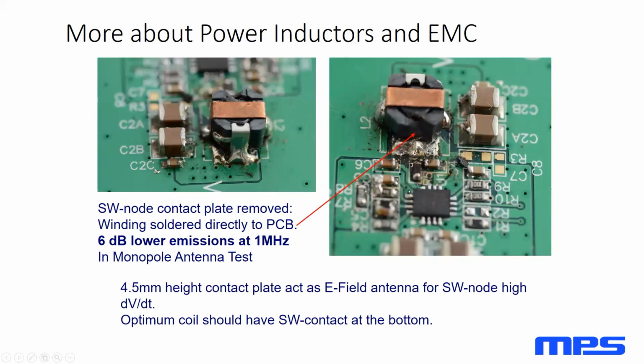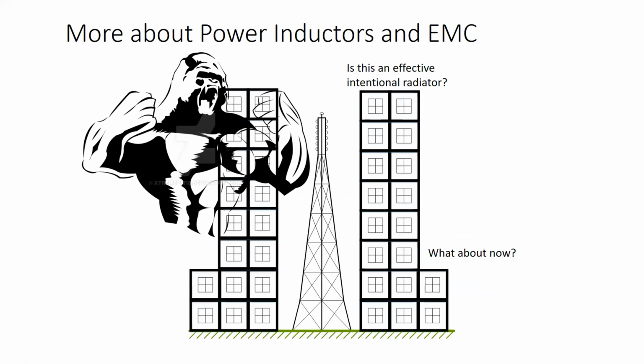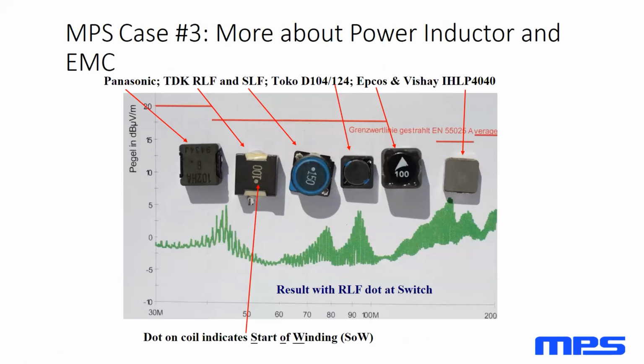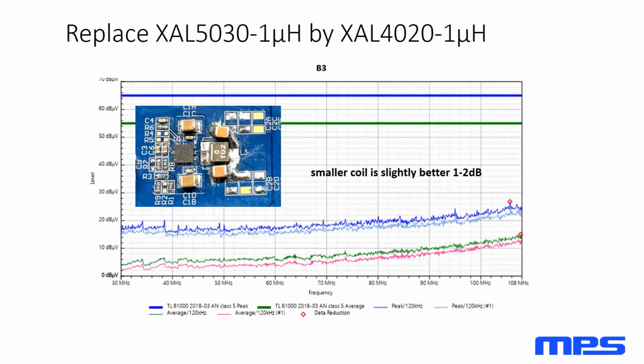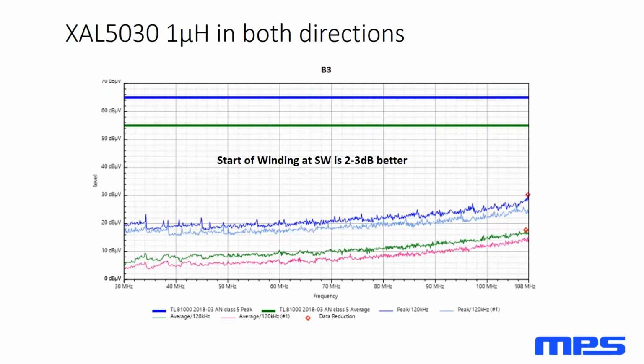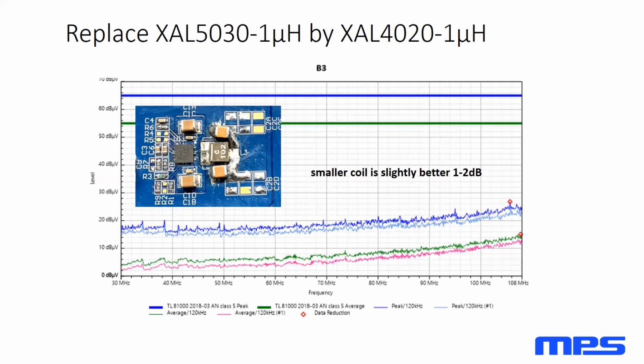Whereas when we look at, let's see, the results of the 50-30 versus the 40-20, go back to that. Yeah, so this is the difference between this particular inductor being 3 millimeters high versus 2 millimeters high, and we are making some trade-off in terms of the saturation current of this part, right? It depends on what your application really needs, and I'm willing to bet that the DCR of this part is potentially higher than the DCR of this part.